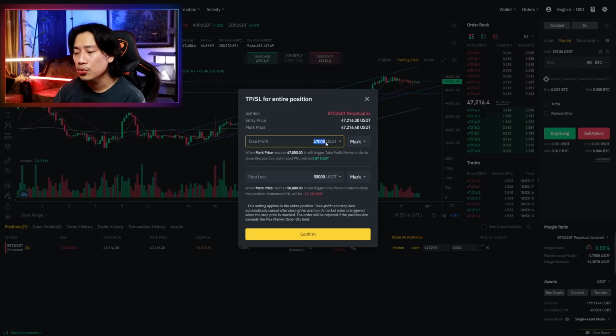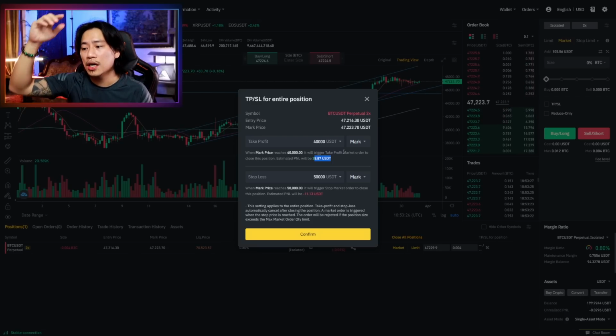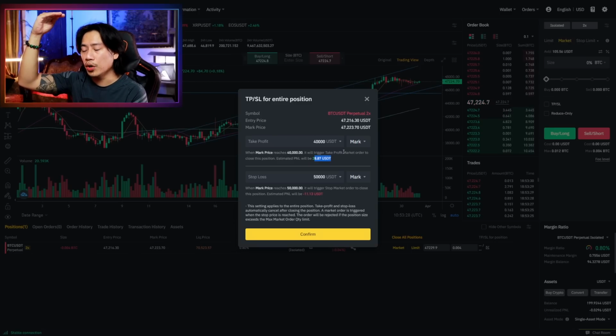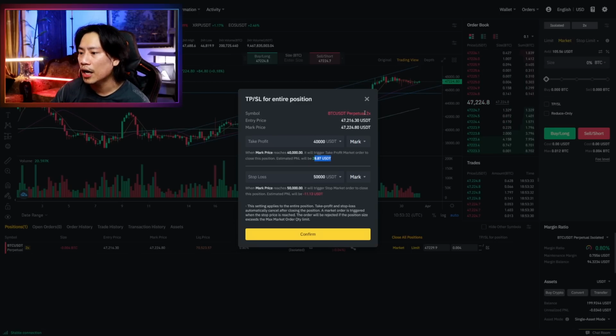Now, as you change this to a lower price, like say for example 40,000, it gives you higher earnings, because the percentage that it dipped is taken into consideration and then multiplied by the leverage you set, which in our case is 2x.